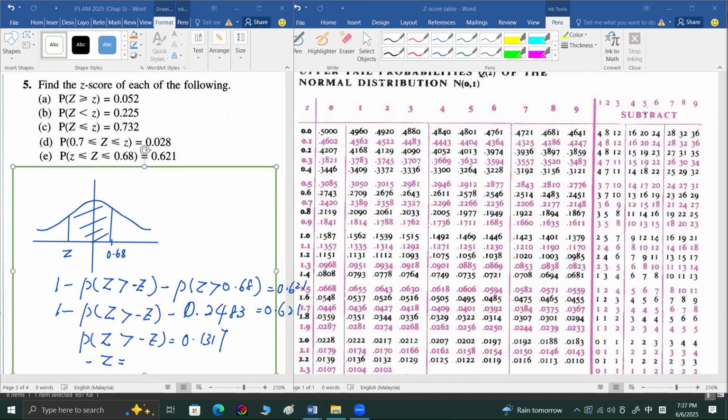Okay, 0.1317 lies between here. So 0.1, 2, okay, because I want to add something, right? That's why I choose this, huh? Opposite already, so I choose a small one, huh?